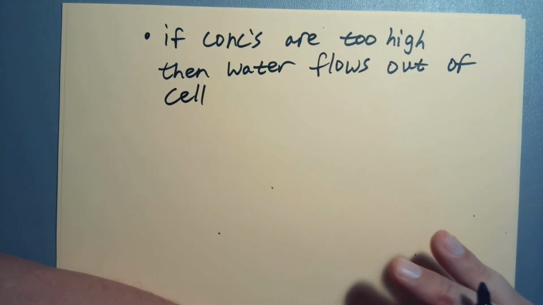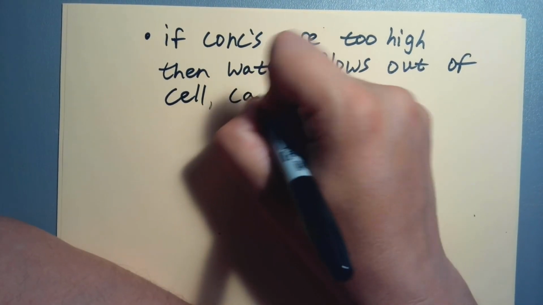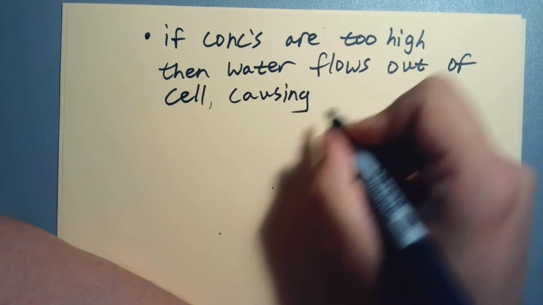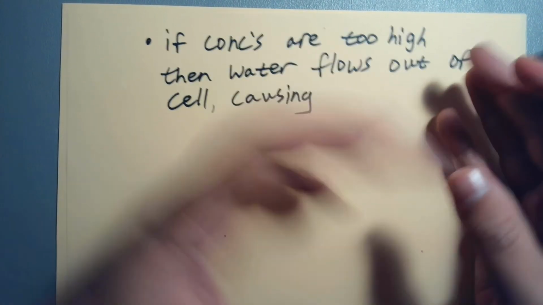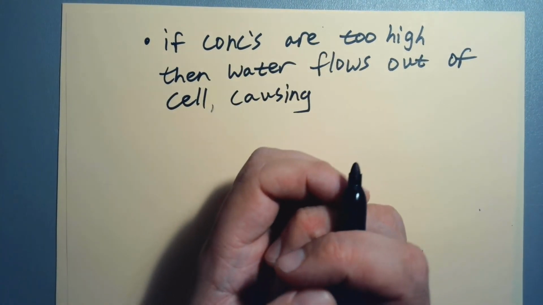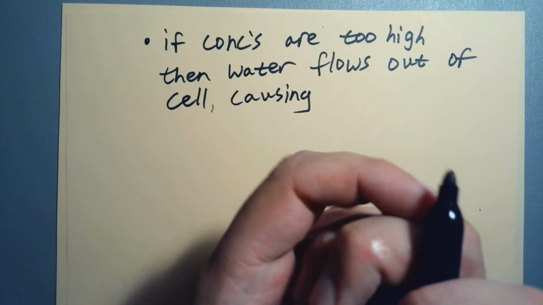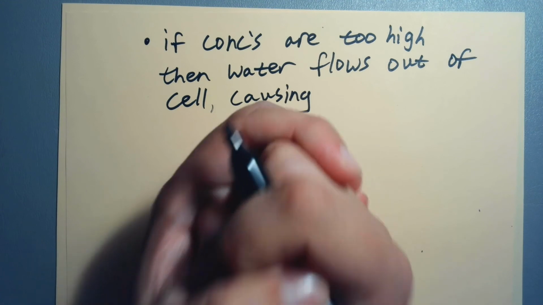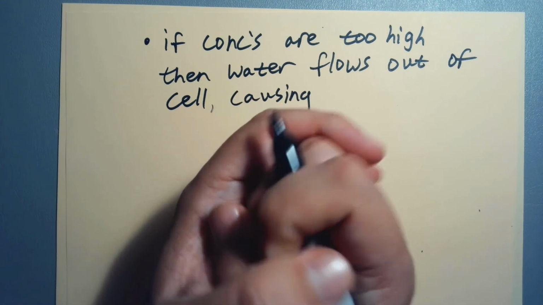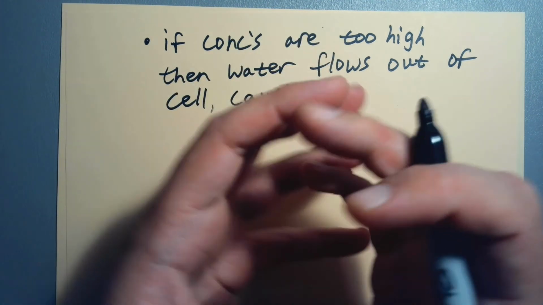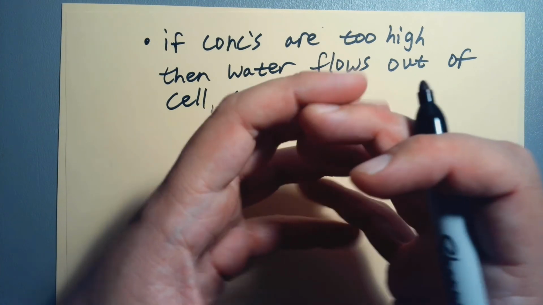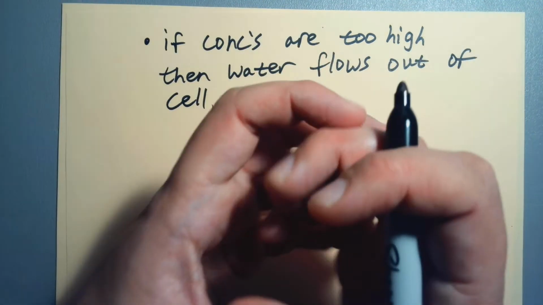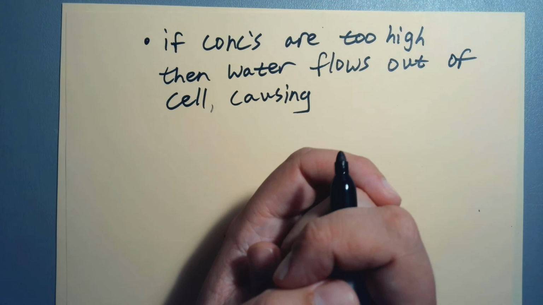Okay, so it's flowing out of the cell, and that's causing the cell to shrink. It's going to shrivel up. It's going to be like a raisin. And what can happen is it can shrivel up and get stuck that way. That's a dead cell. There's no reinflation. It's done. It can shrink a little bit. There's some wiggle room there, just like it can expand a little bit before it ruptures. It can shrink a little bit before it gets completely crumpled.